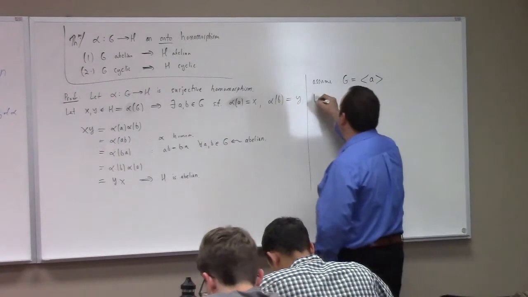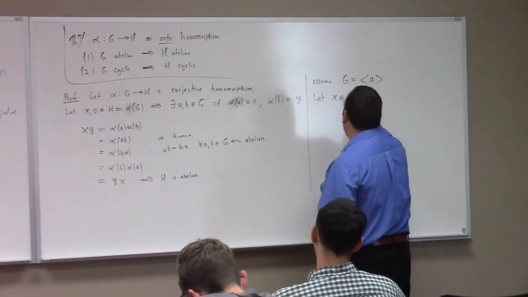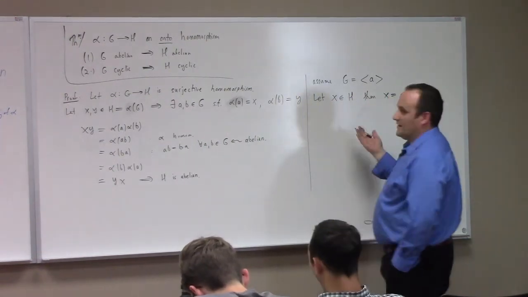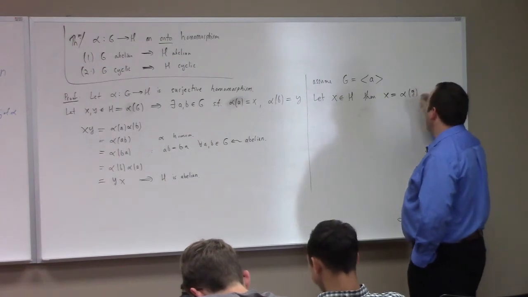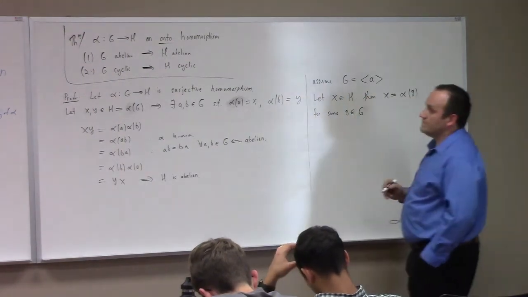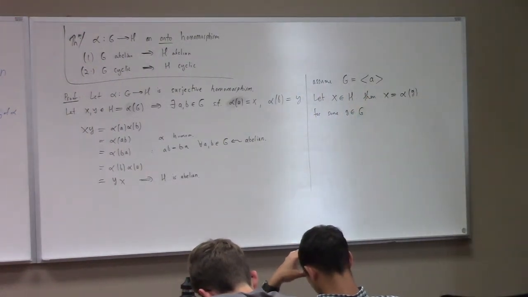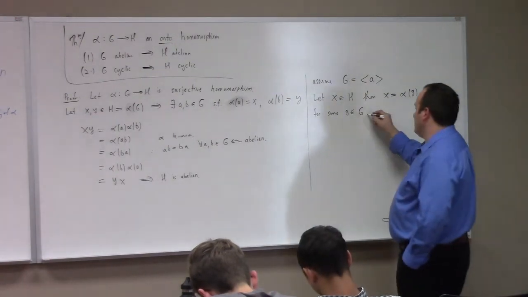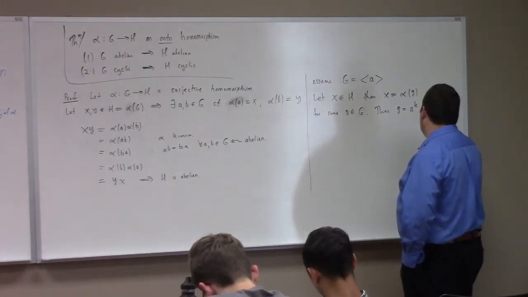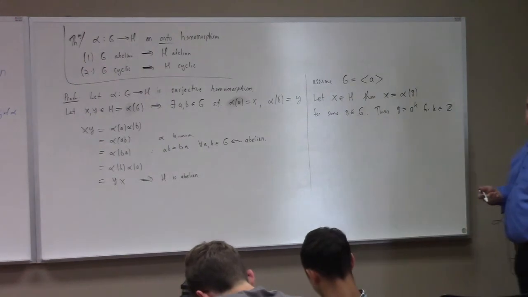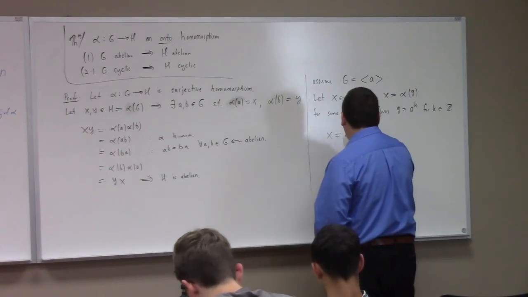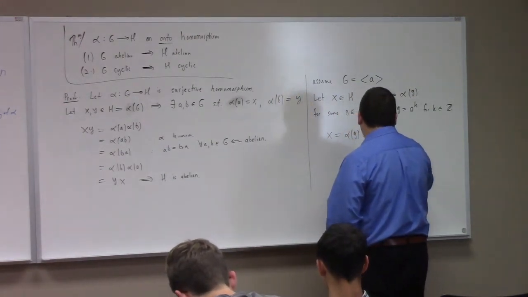Let x be an element of H. Then x is equal to alpha of something, let's say g, for some g in G. But g is an element of a cyclic group, so g is equal to a to the power k for some k in the integers. So check it out: x equals alpha of g, which is alpha of a to the k.